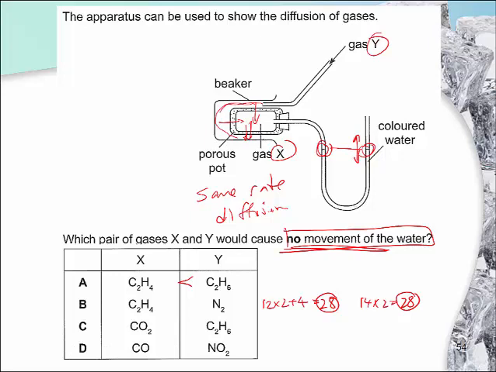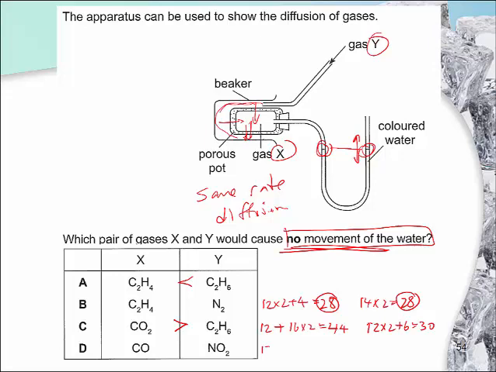Okay, how about the next one? Let's look at the next one. Carbon dioxide. Carbon is 12 plus 16 times 2, equal to 44. And C2H6 is 12 times 2 plus 6, equal to 30. So you have carbon dioxide with a greater molecular mass compared to C2H6.